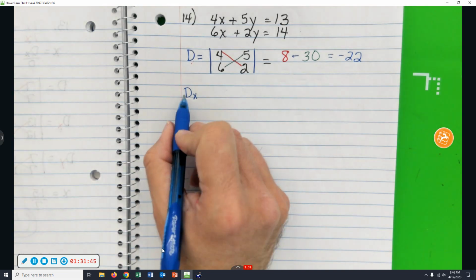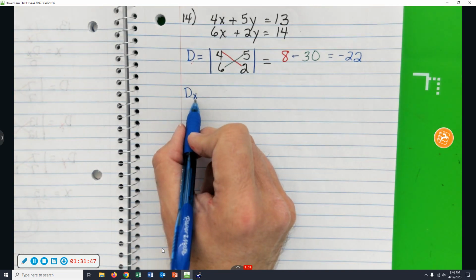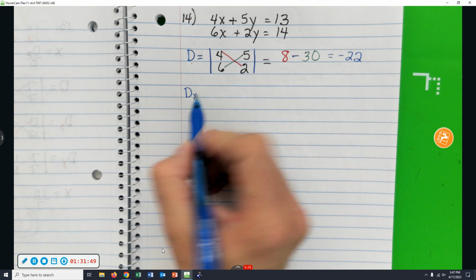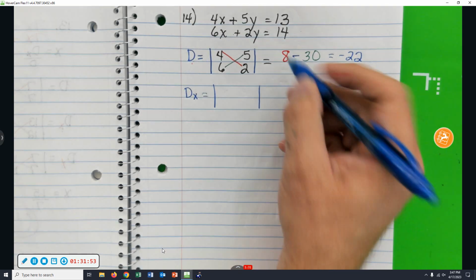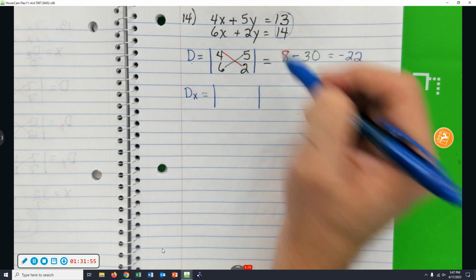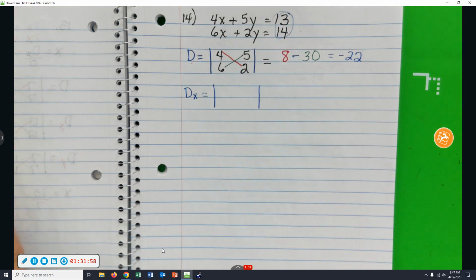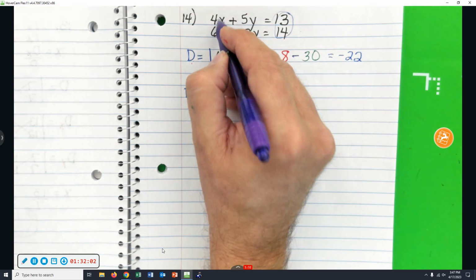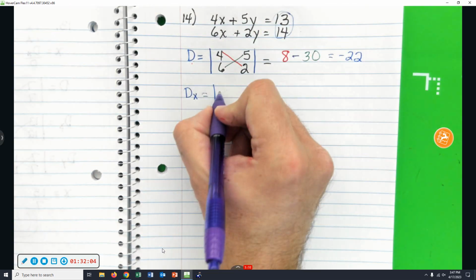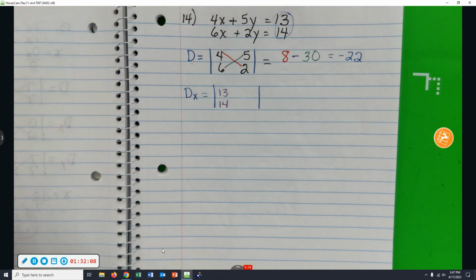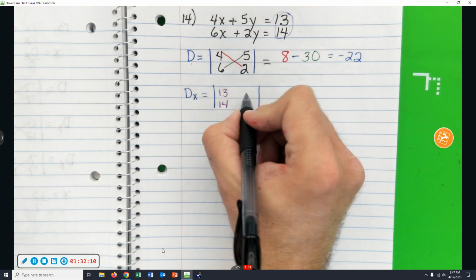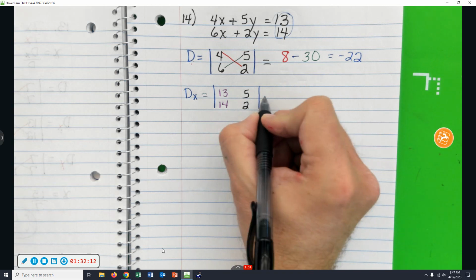Then you find what's called D subscript x. Whatever the subscript is, that column gets replaced with these numbers here. So instead of 4, 6, put 13, 14. Now the y's stay at 5, 2. That makes sense.